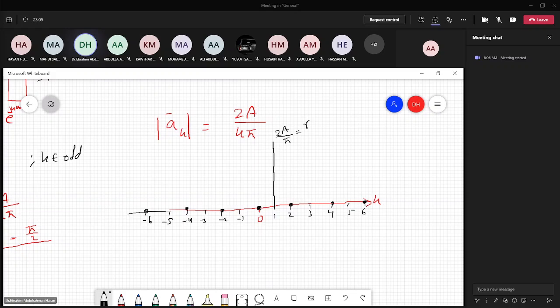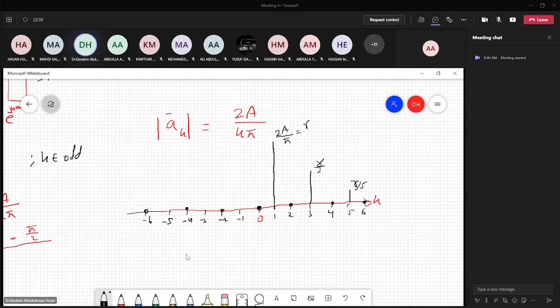Okay, at 3, it is equal to 2a over pi divided by 3, which is gamma divided by 3. So here it is gamma divided by 3. At 5, again 2a over pi divided by 5, so this is gamma divided by 5. Then we have gamma divided by 7 and so on.